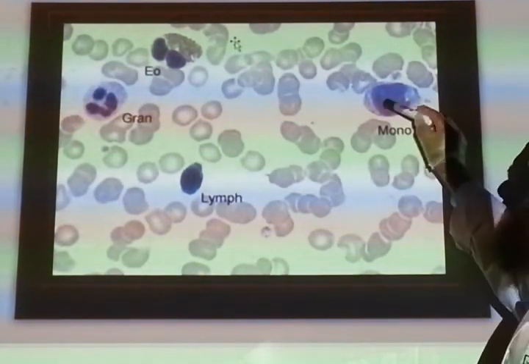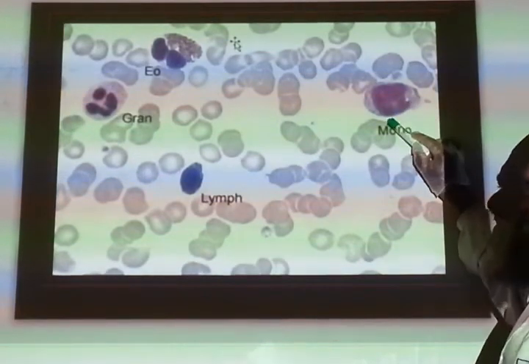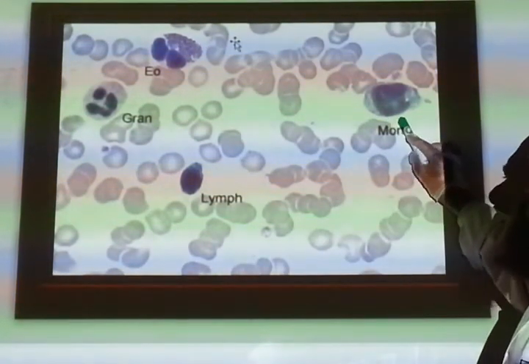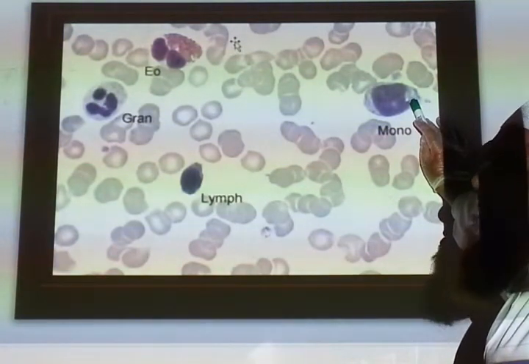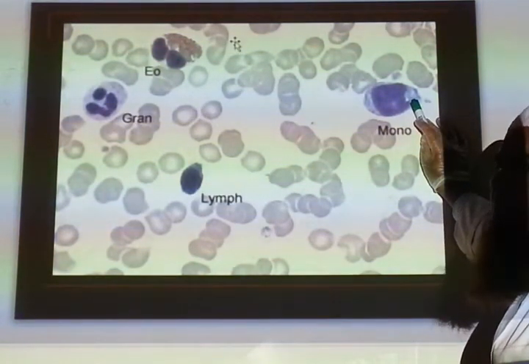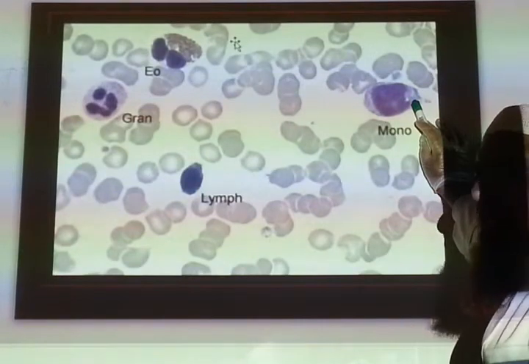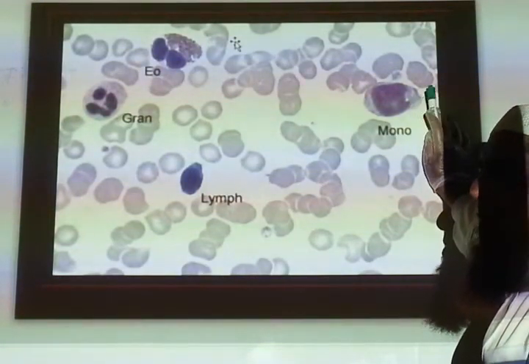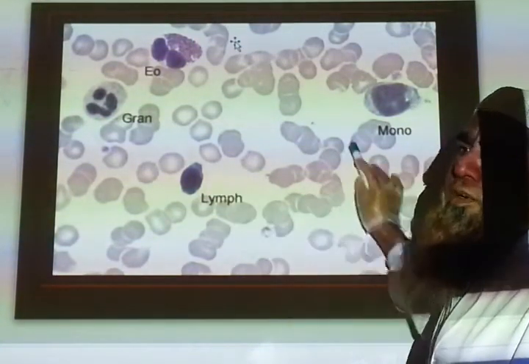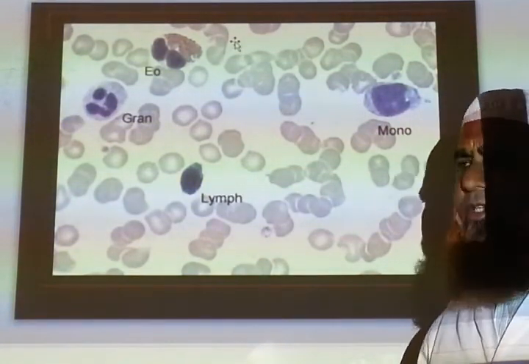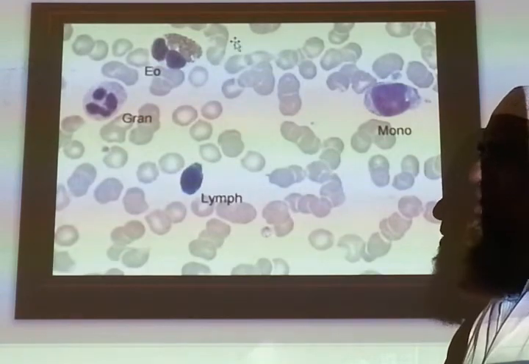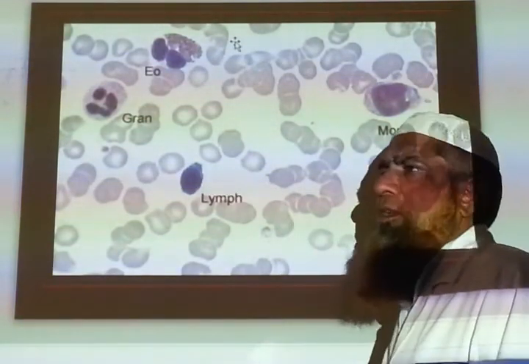There is plenty of cytoplasm, but with routine microscopes we cannot see proper granules in the cytoplasm. Very fine granules are there, but usually we cannot see them, so these are also known as agranulocytes.